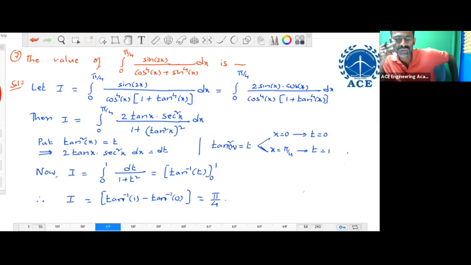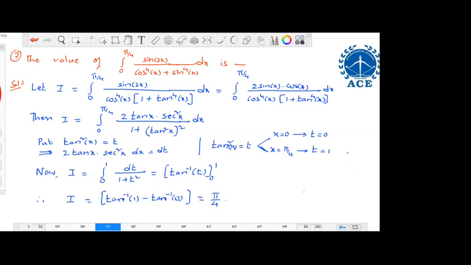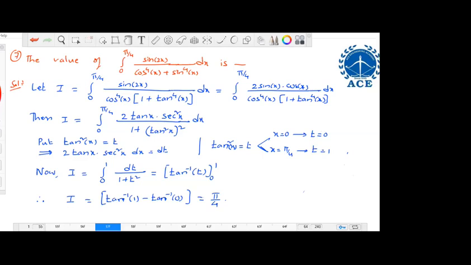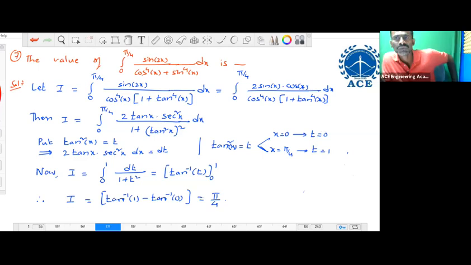Can we go for the substitution method directly or not? No, it doesn't work. It doesn't work means we have to simplify this. If it is in terms of tan, secant, cosecant, we express it in terms of sine and cos. Or if it is sine in terms of cos, then we express it in terms of tan or secant like this. We convert this into that form and check whether it is integrable by the substitution method, indirectly like this.